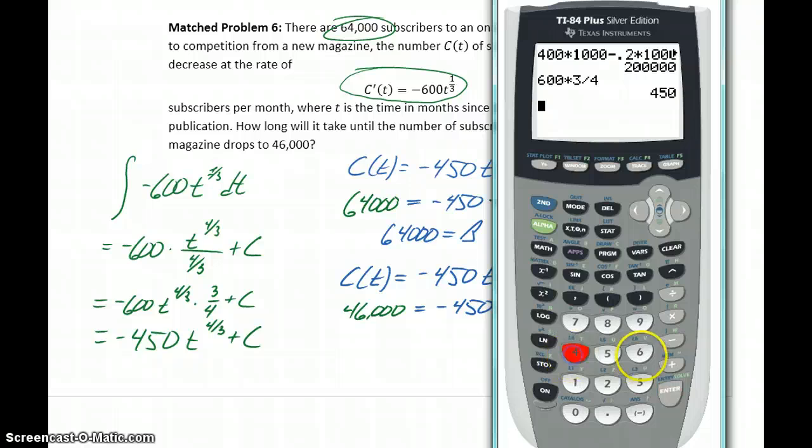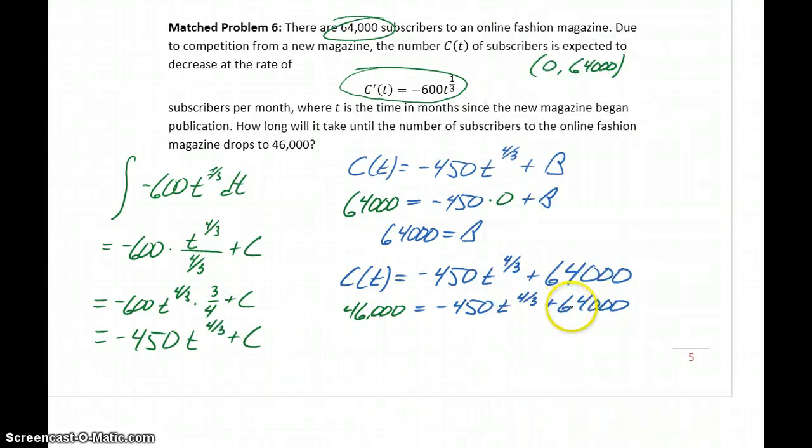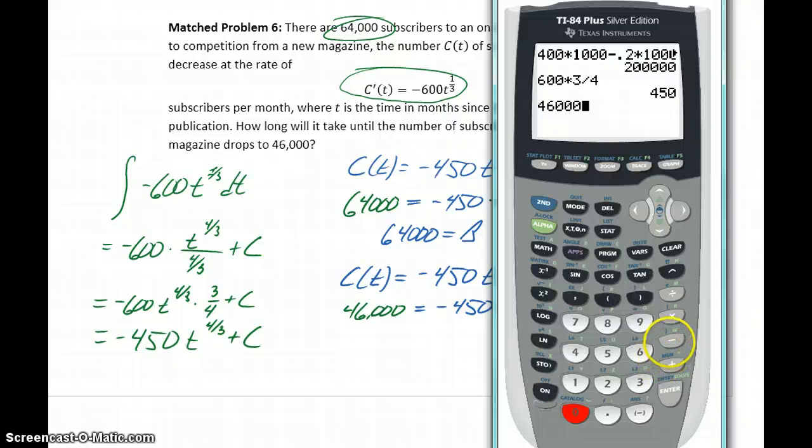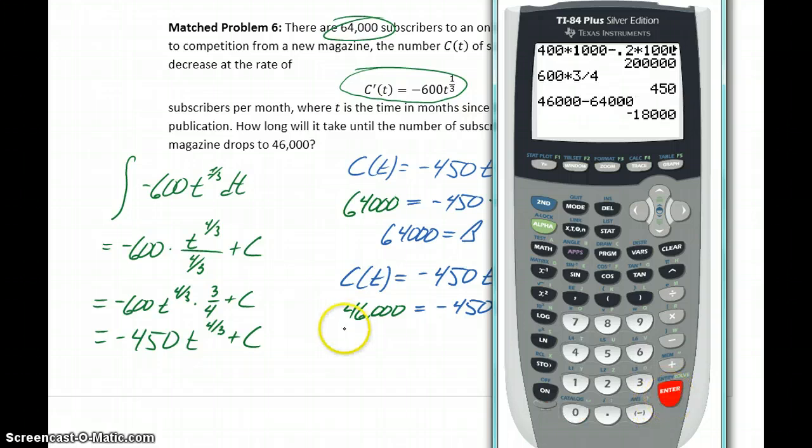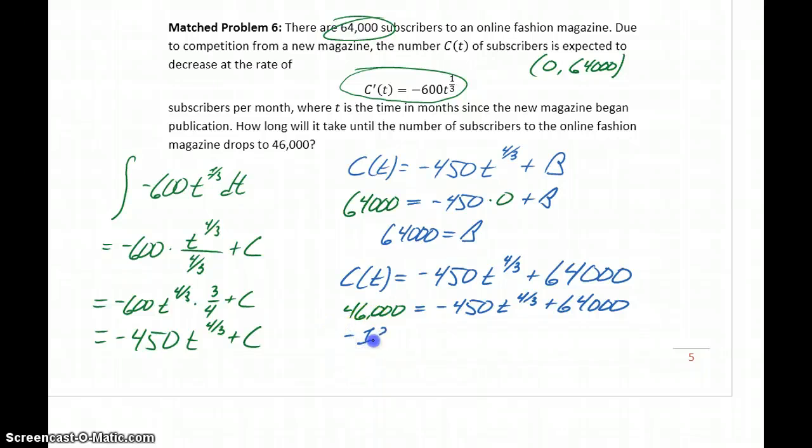So the first thing we can do is take 46,000 and then subtract 64,000 from both sides. So we'll take 46,000 minus 64,000 to get negative 18,000 equals negative 450 t to the 4/3.